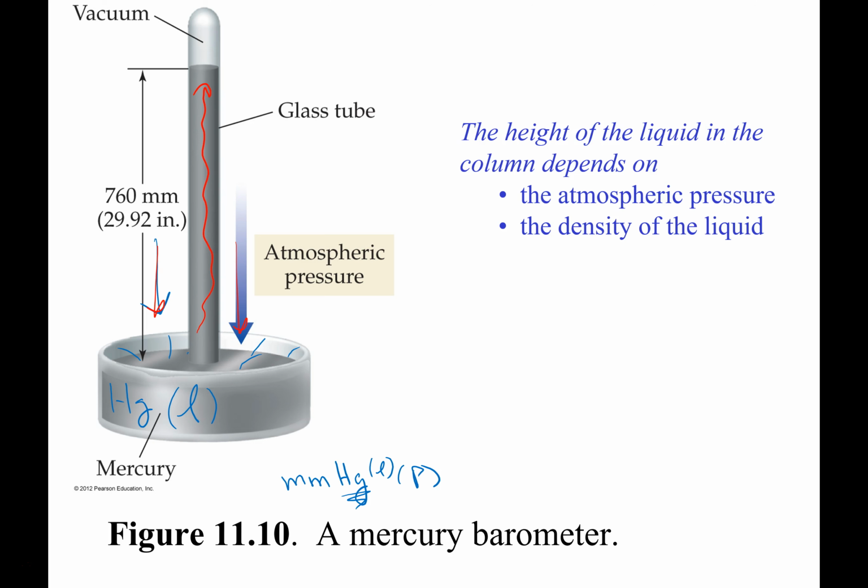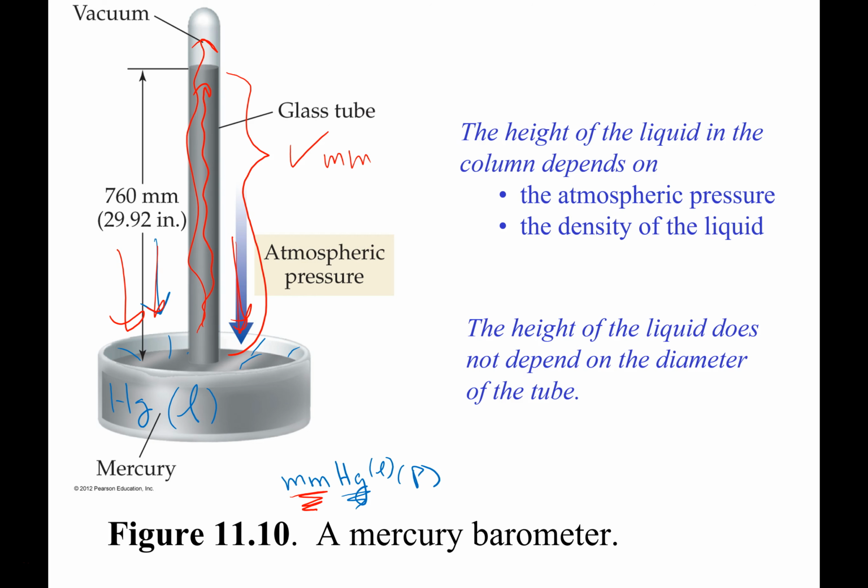So the greater the pressure, the more that mercury rises up. Millimeters, of course, is a distance, so when we talk about millimeters of mercury, we are literally talking about how far up this column flows. So the height of the liquid is what we talk about, the millimeters of mercury.